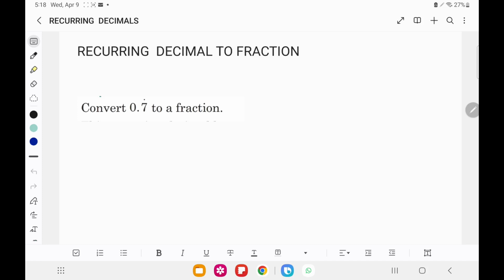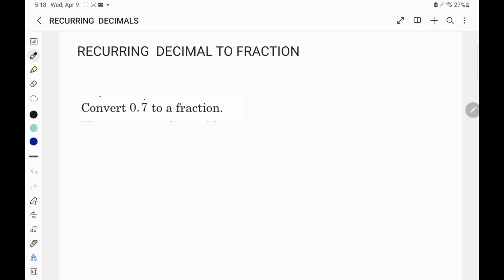Let x be 0.7. This dot means the same number goes on, so x is equal to 0.777. To make it an integer, 7, you multiply by 10 on both sides.